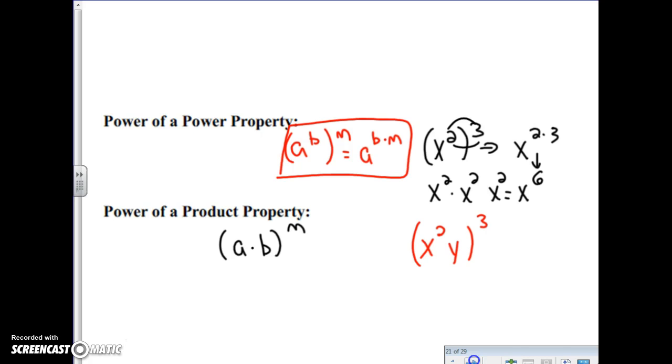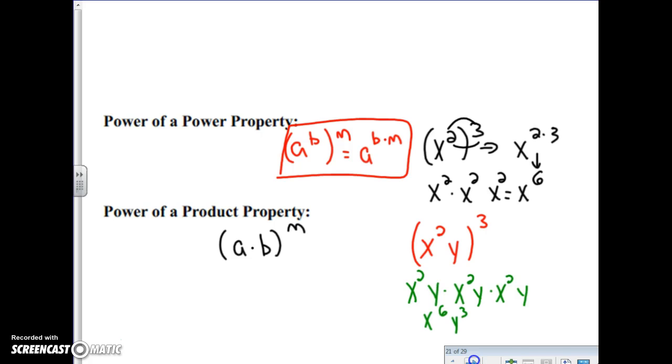Well, I am taking the fact that there's 3 x squared y's right next to each other. Okay? And what I end up with is x squared, which gets me x to the sixth, y to the third.